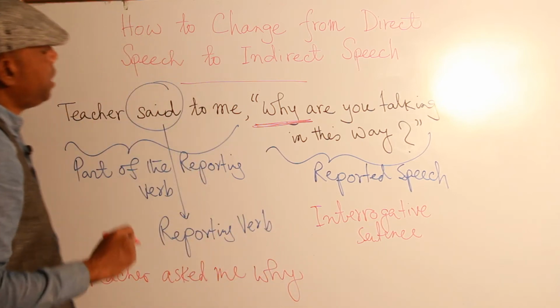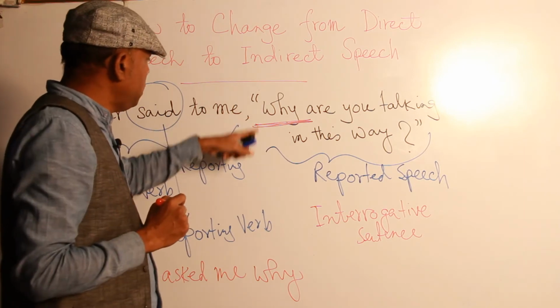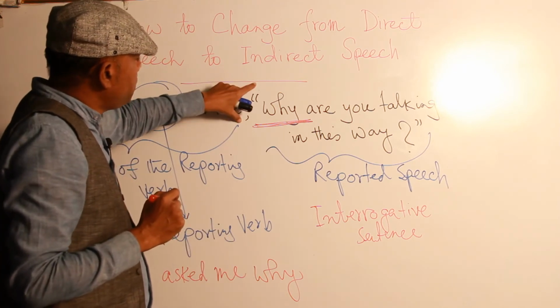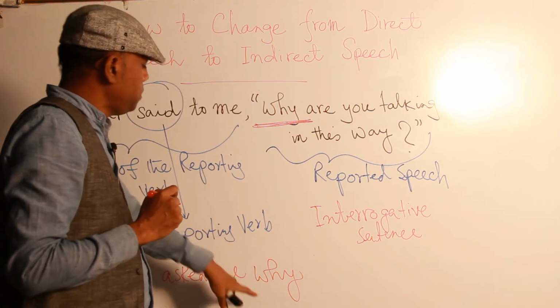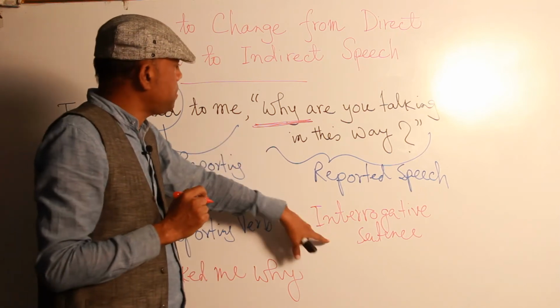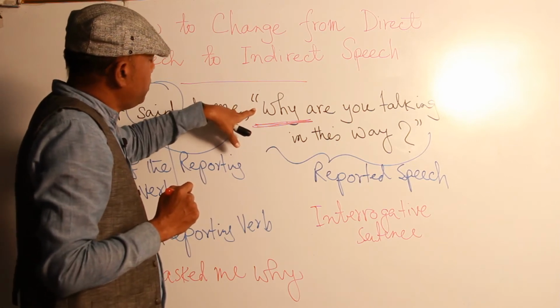So dear students, I repeat, we need a conjunction instead of the inverted commas. If the reported speech is an interrogative sentence, we need if or whether.